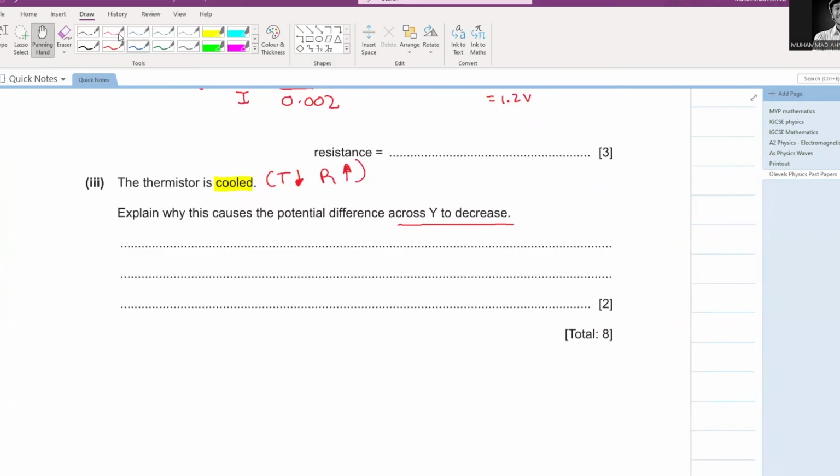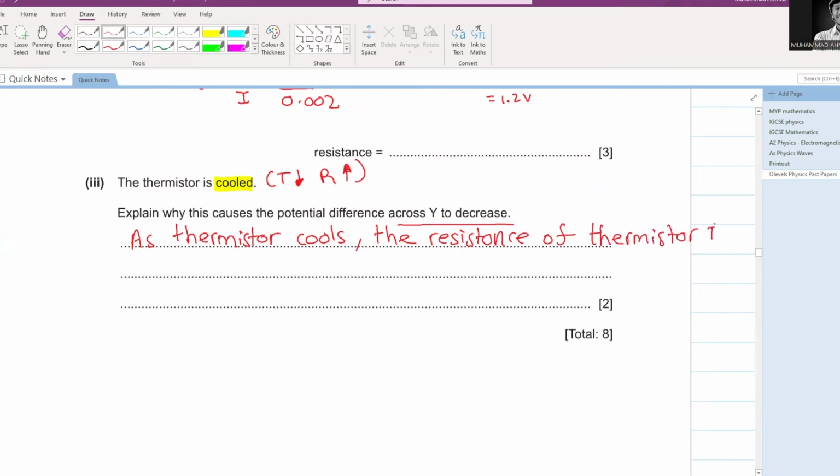You will say, as the thermistor cools, the resistance of thermistor increases. Hence, the voltage across thermistor increases.